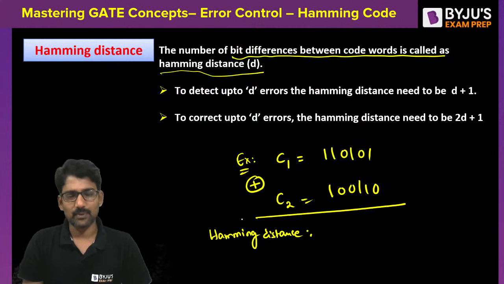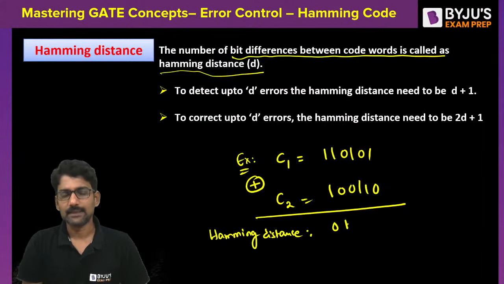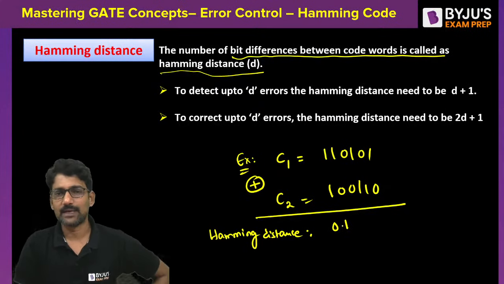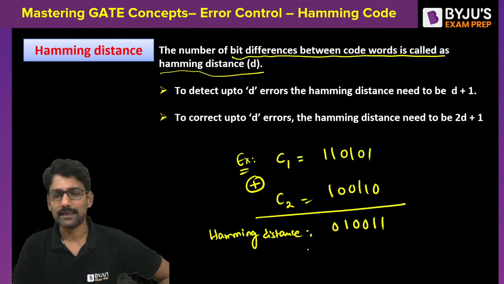Do XOR between them. So when you do XOR, if same number of bits we get 0, different bits we get 1, no? So we get 0, 1, 0, 0, 1, 1. Now calculate number of ones in the result. Number of ones is Hamming distance.